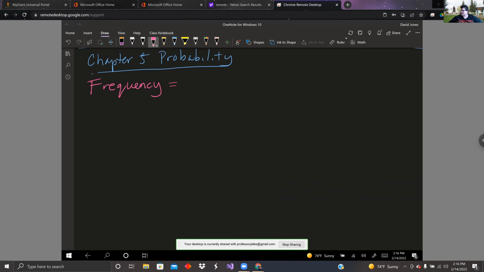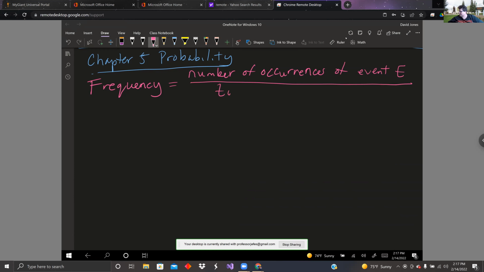Frequency was the number of occurrences of a specific event, let's call it an event E, over the total number of events or people.